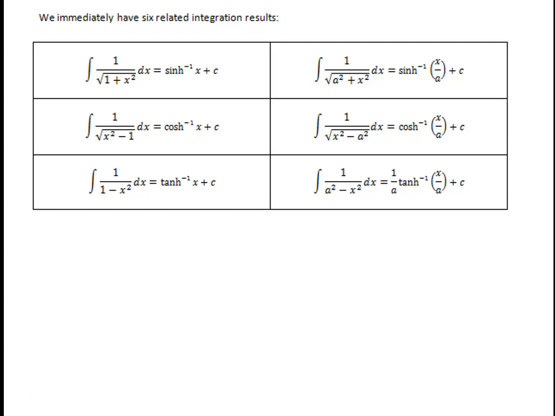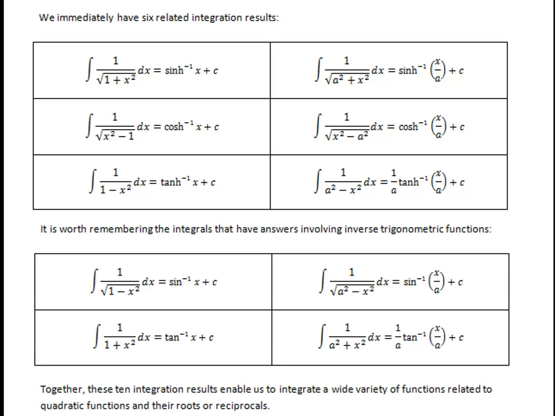The integral of 1 over root of a squared plus x squared is going to be sinh to the minus 1 of x over a plus c, and so on. Now these 6 results are incredibly useful, and fortunately they're actually given to you inside your WJEC formula booklet.